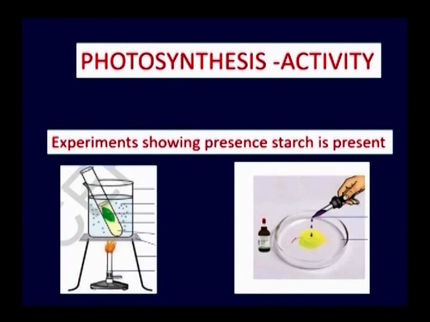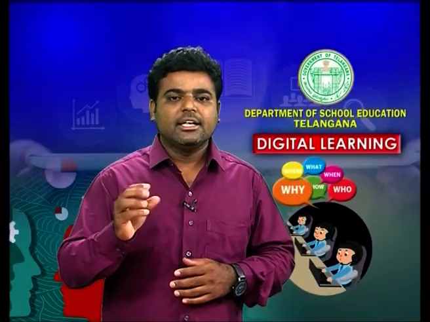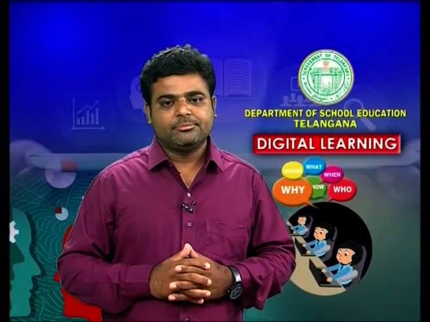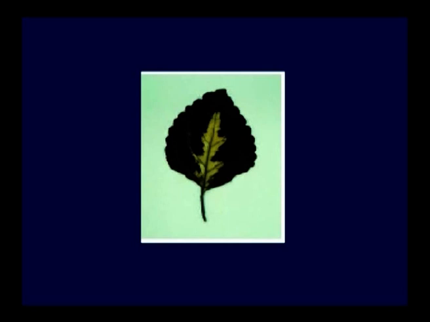When you open the leaf widely, then only the iodine spreads nicely on the leaf. After adding the iodine, the leaf converts into dark blue or blackish blue. This is the main indication of the presence of starch in a leaf.